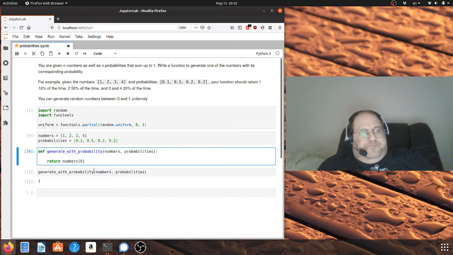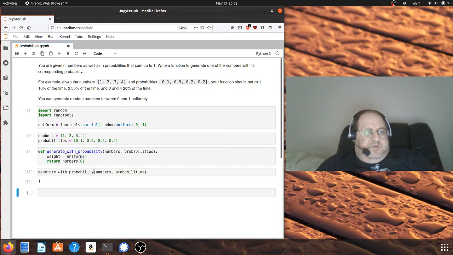The only thing we can do is call it. We'll call it weight for now, and we will find a better name later. Uniform, and we'll still generate the first one.